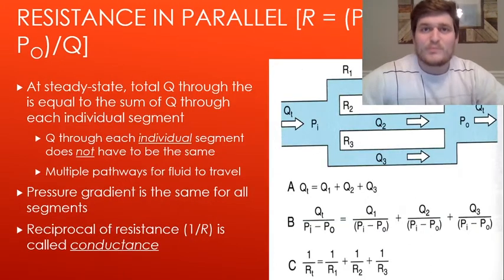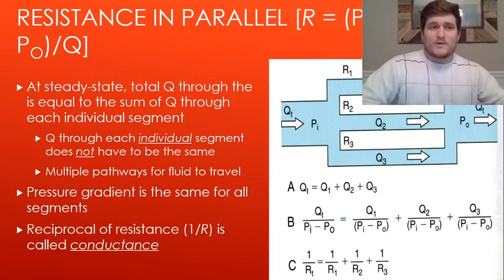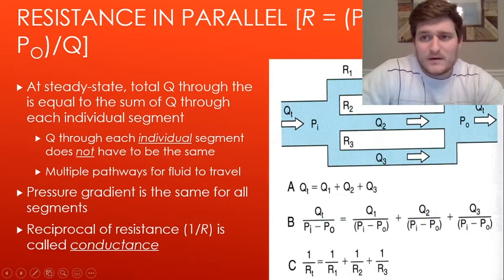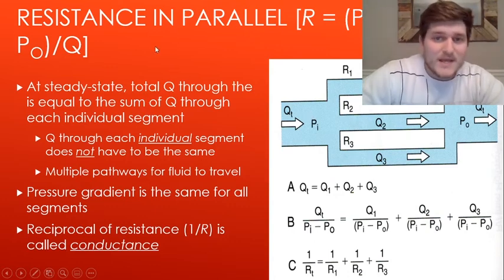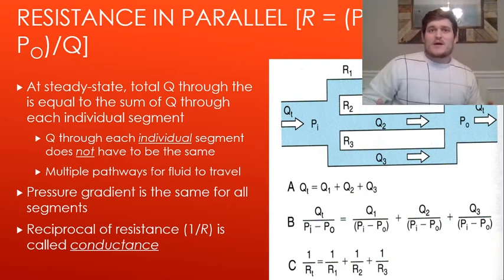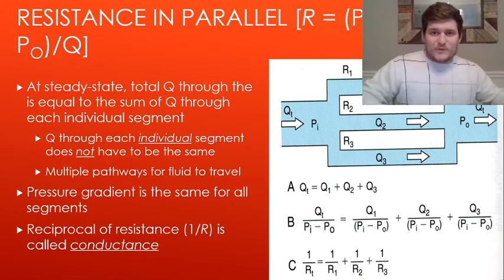within this vasculature setup. When blood vessels are set up parallel to one another at steady state, the total blood flow through the entire setup is going to be equal to the sum of the individual blood flow through each segment. And so this is advantageous in a sense because a parallel setup is going to have a better control of blood flow because there are multiple pathways for that fluid to travel.